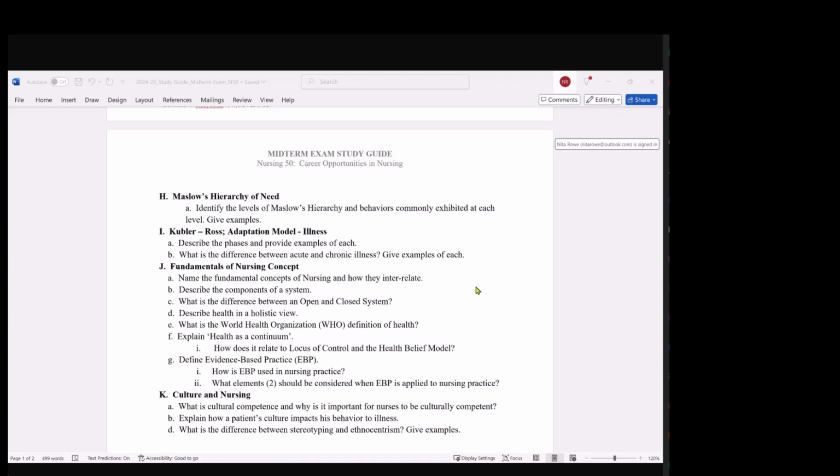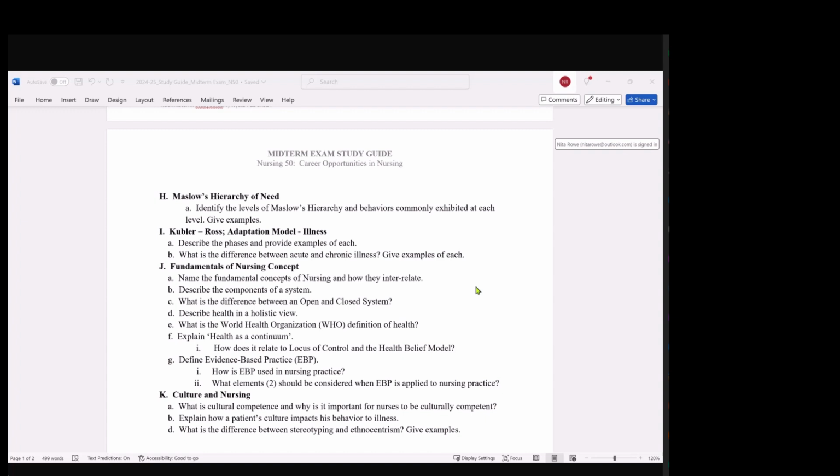I can't believe it. But anyways, how do they define health? Know that definition. What is the health continuum? What does it mean for the locus of control? And what is the health belief model?